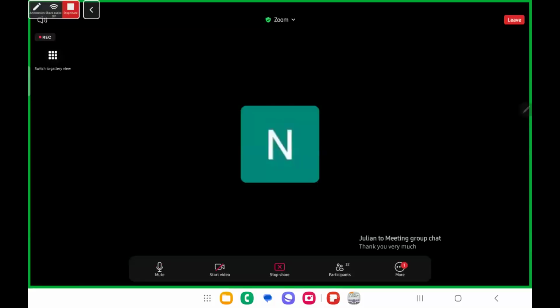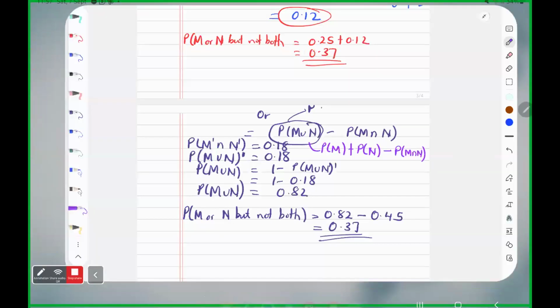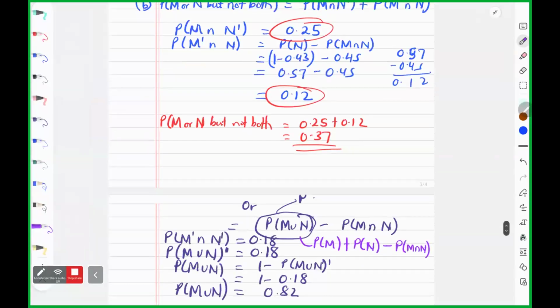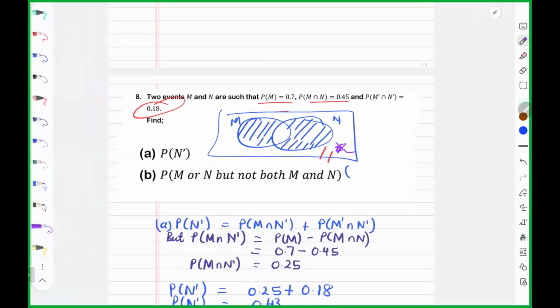Someone had asked why I didn't include the outside of these two sets for part B. Now the condition is M or N has to occur, but both must not occur at the same time.